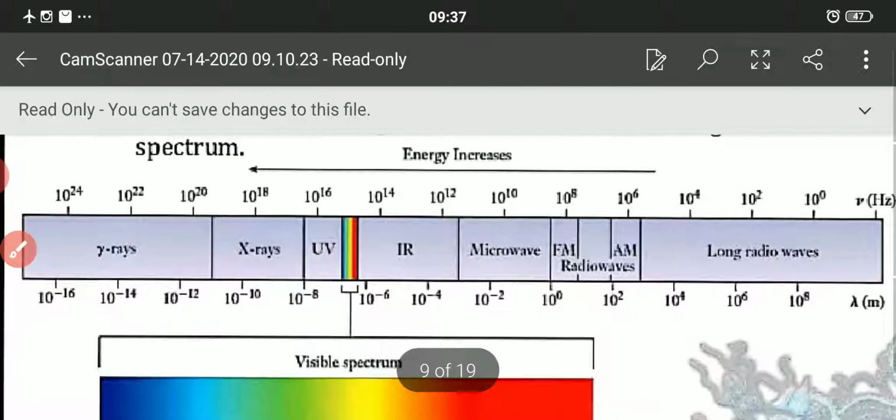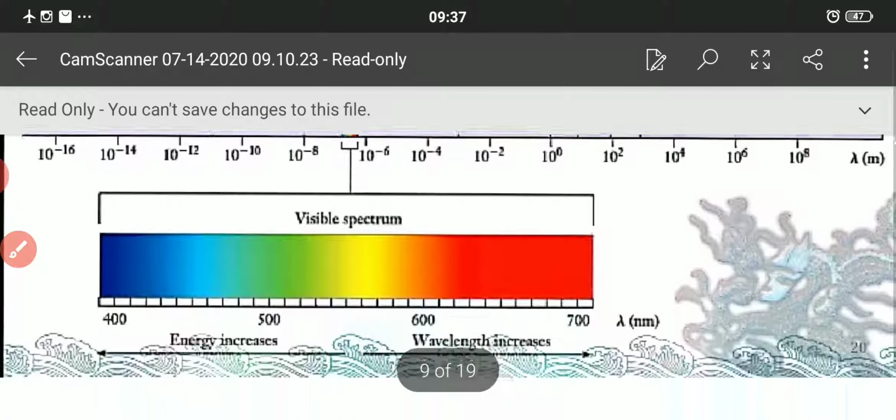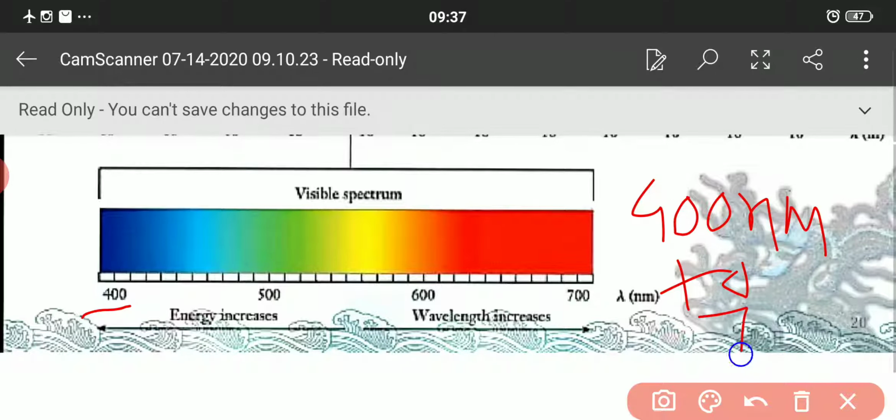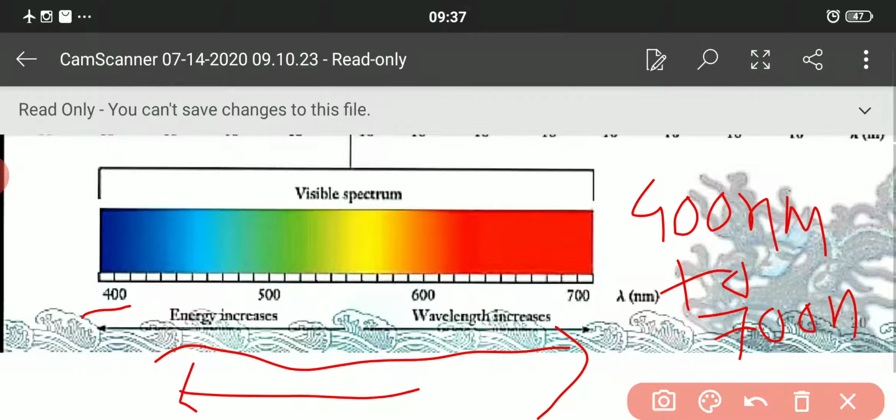The visible spectrum has wavelength from 400 nanometer to 700 nanometer. Remember for MCQ, if the wavelength is increased, energy decreases. So if you move from 400 to 700, wavelength increases, energy decreases.